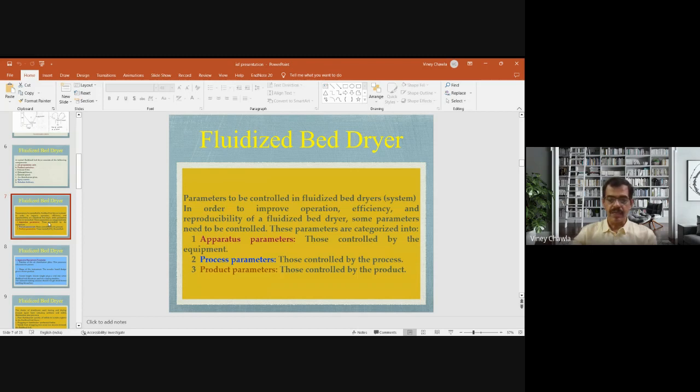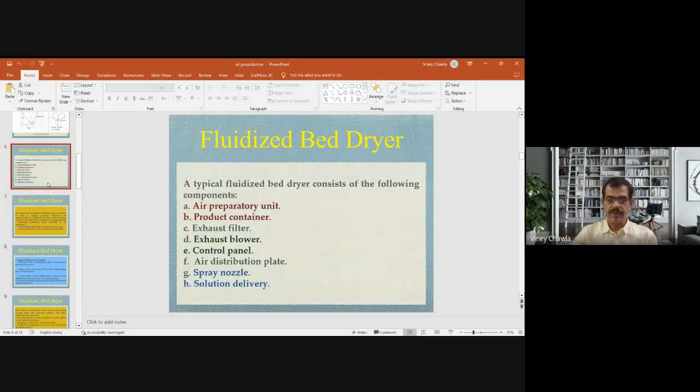Many parameters are there. Let me first go to the previous slide. The product container is the one which contains the final product, the dried product. Exhaust filter is there, which tries to retain the fine particles, and exhaust blower is there, which is responsible for the movement of the air in a particular direction.